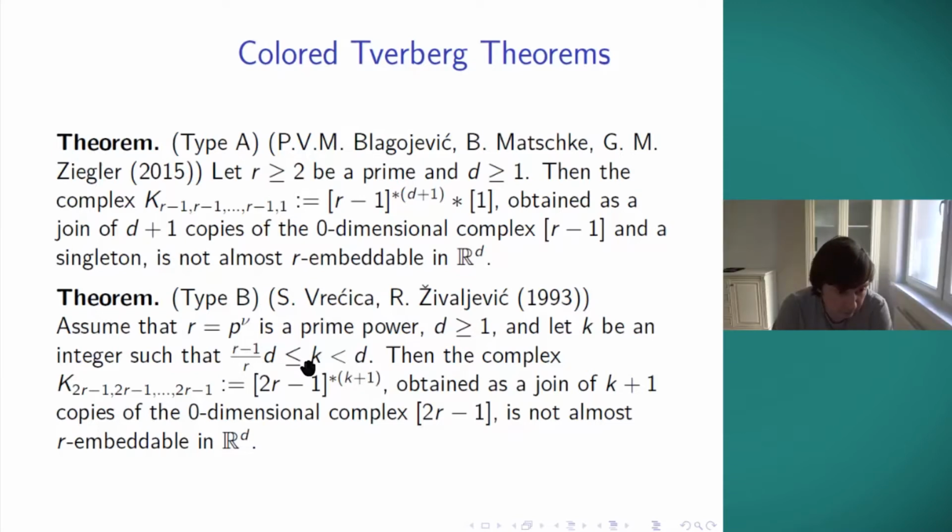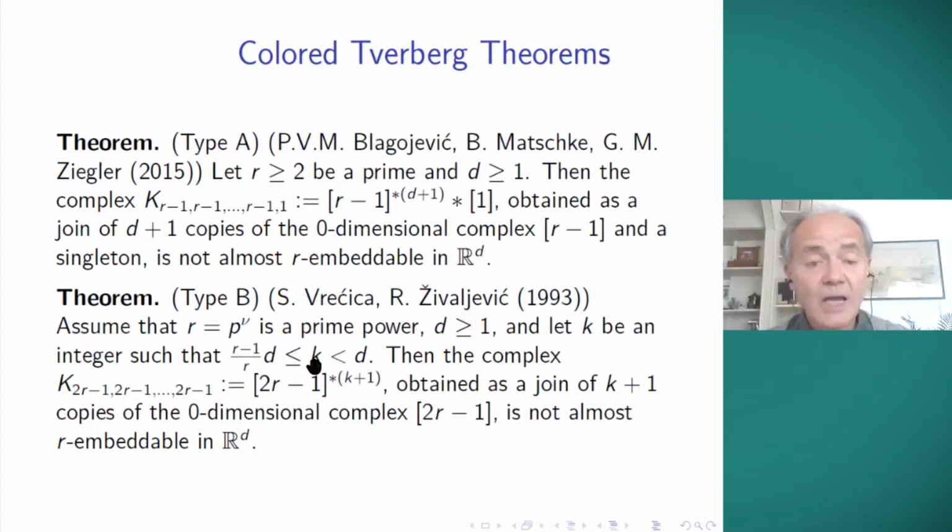Well, this is what distinguishes the type B from the type A theorem. It is that the dimension of rainbow simplices is strictly smaller than the dimension of the ambient space. Then this simplicial complex, you see the number of points in each color is bigger. So it is obtained as the join of K+1 copies of the zero-dimensional complex. It is not almost R embeddable in R^D.